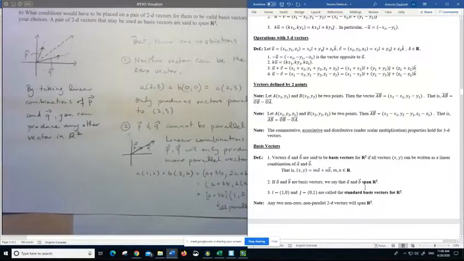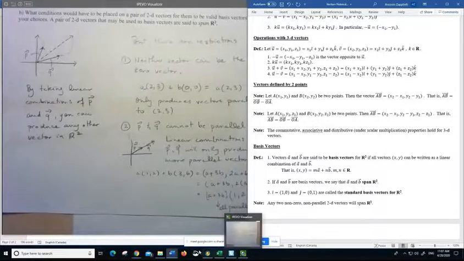So that's just the word we use. We say it spans R2. The only other thing here, just an upgrade from 2D, is this idea of finding the vector that joins 2 points. It works in 3D the same way that it works in 2D. We saw in 2D that to find the vector that joins 2 points, we just have to subtract the second minus the first. All right, so that's it for this lesson here.